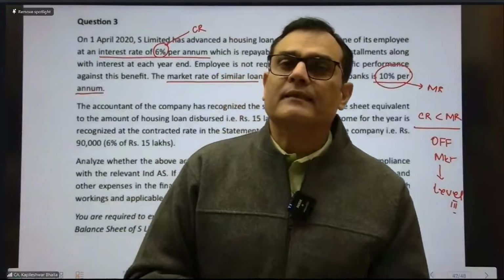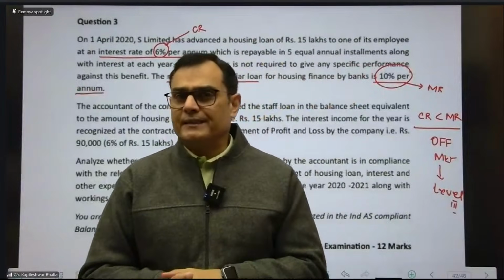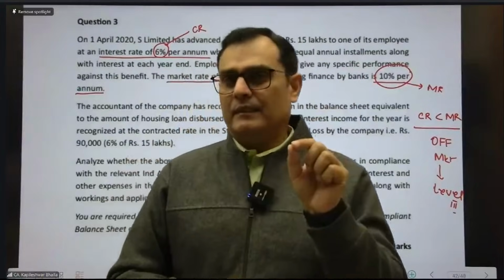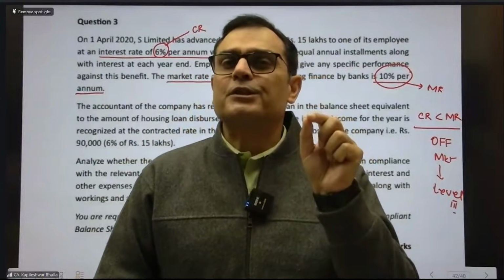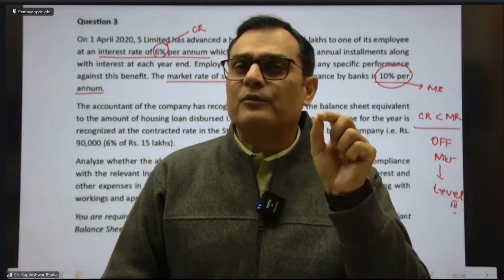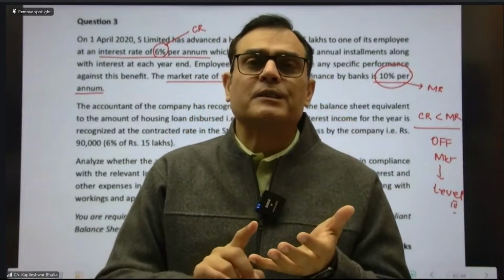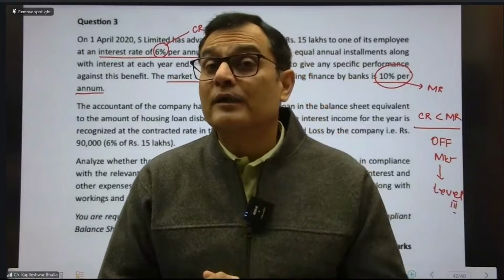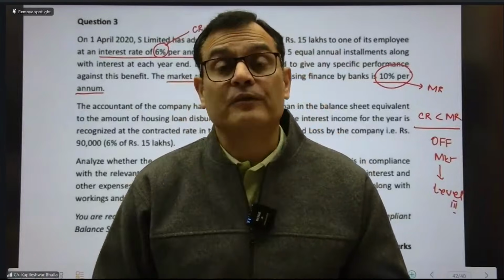Remember where he said that the difference is either treated as an asset or it is amortized over the P&L. So if you see in a question that there is a concession loan by the employer to the employee, you're going to treat that as a prepaid staff cost, and the difference is going to be amortized over the P&L over the period of the loan.